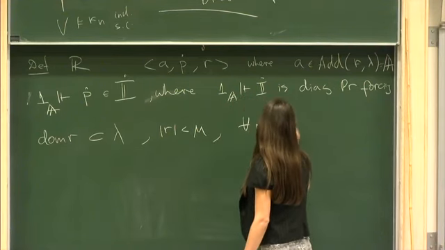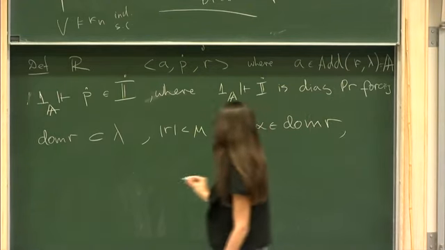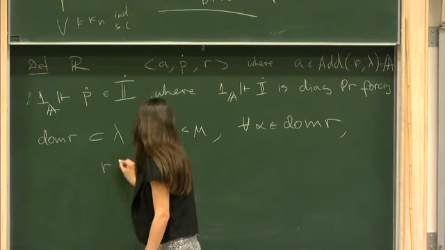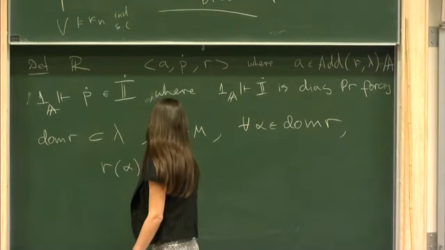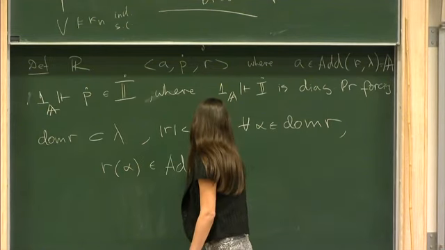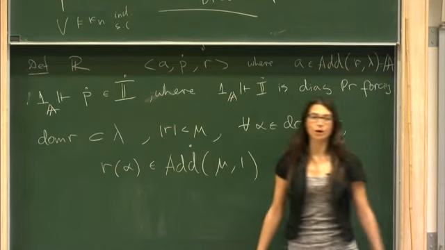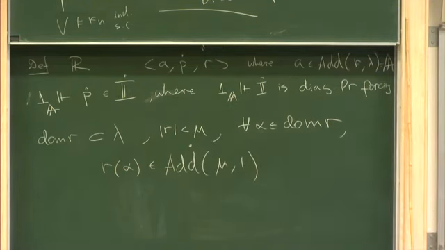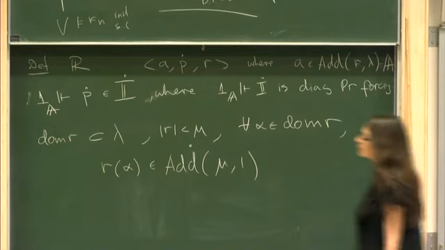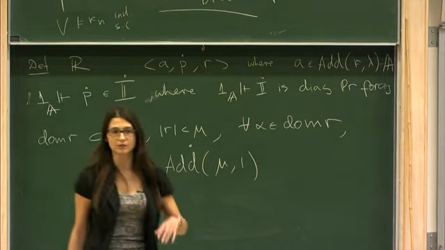For every alpha in the domain of R, we have that R alpha is a name that's forced to be in adding one Cohen poset of mu, but now named according to whom. So here the name was just, because we only have one first component, taking Add restricted to alpha.